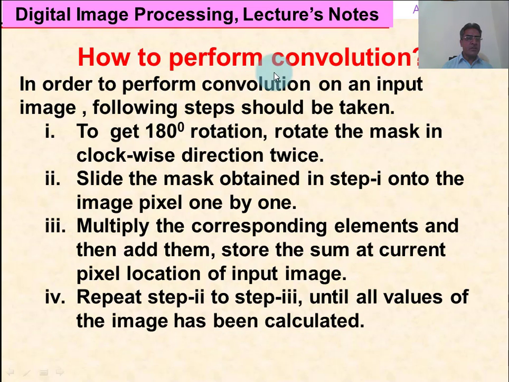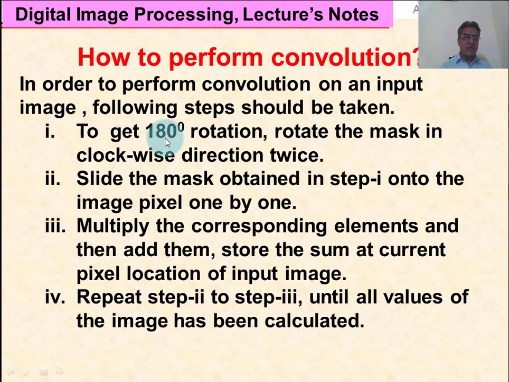How to perform convolutions? In order to perform convolutions on an input image, the following steps should be taken. To get 180-degree rotation, rotate the mask in clockwise direction twice. Actually, when we create a mask, the mask represents the correlation mask, and we want to convert that mask into convolution mask.